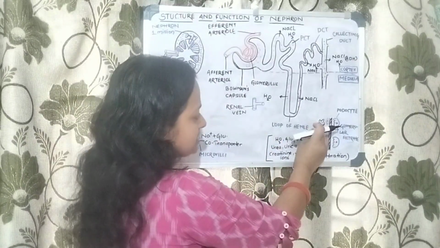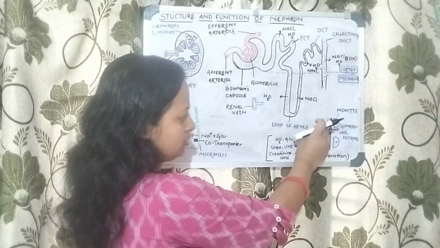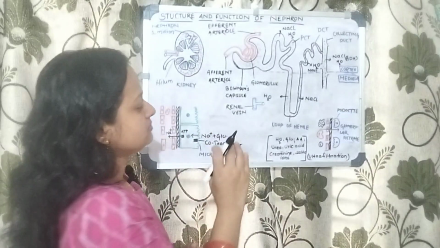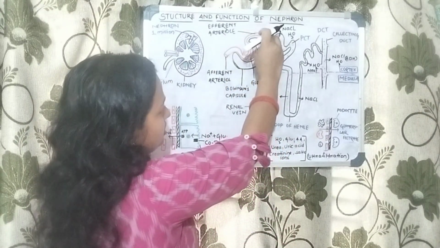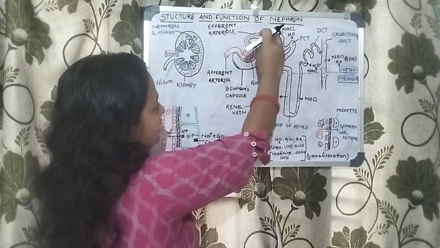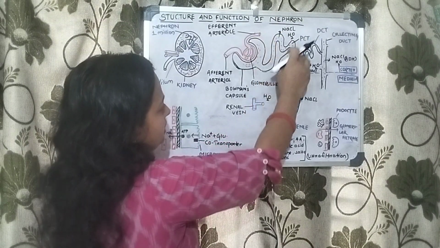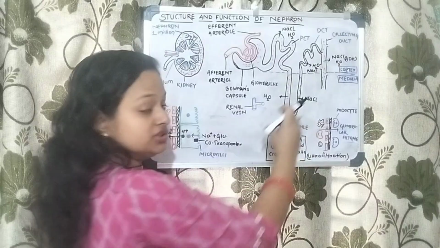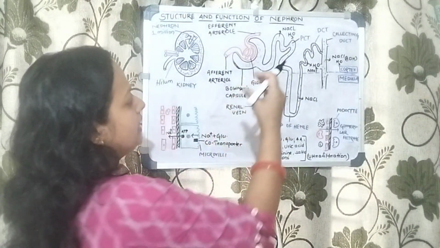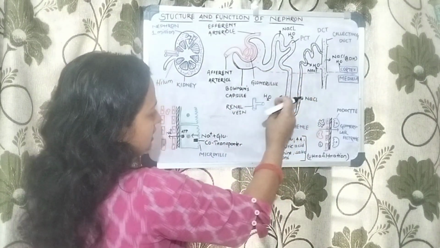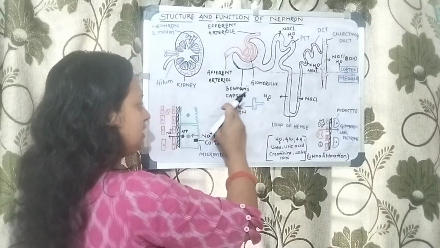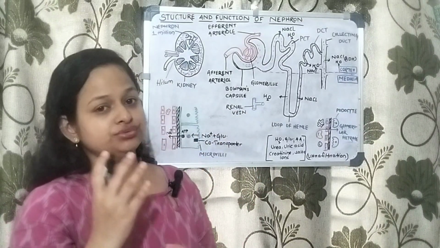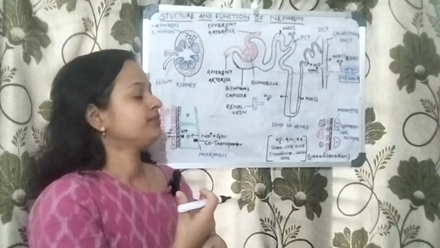So they will stay here in the glomerular capillaries, and they will pass to the efferent arteriole, which again makes a network around the nephric tube, and continues as the renal vein, and again passes the blood to the heart.